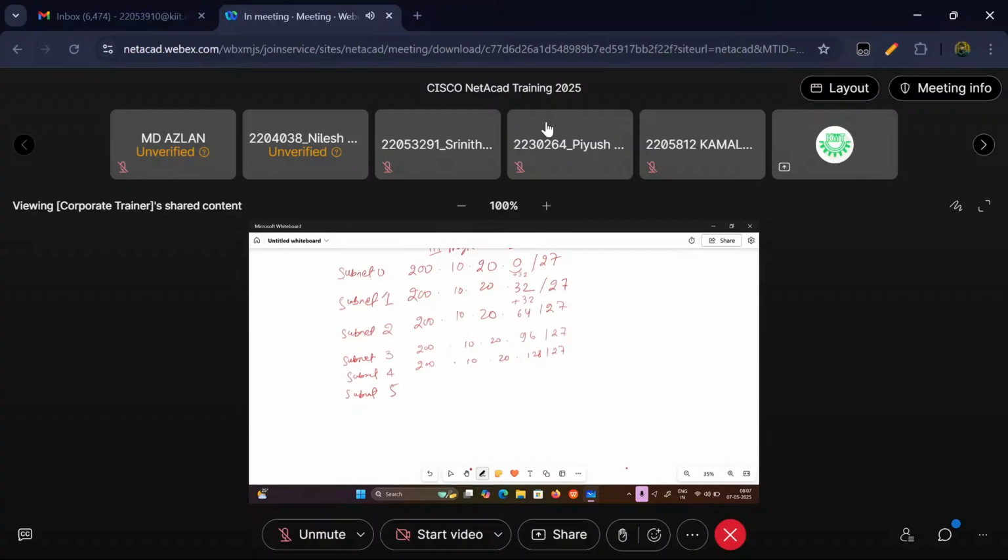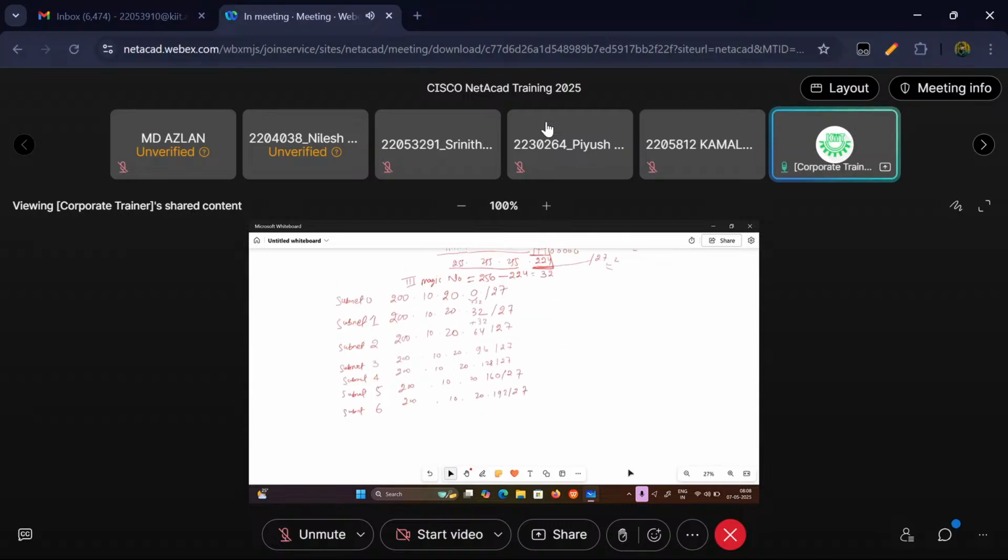Subnet 5: 200.10.20. Add 32, 160/27. Now move ahead with subnet 6: 200.10.20. Again add 32, 192/27.